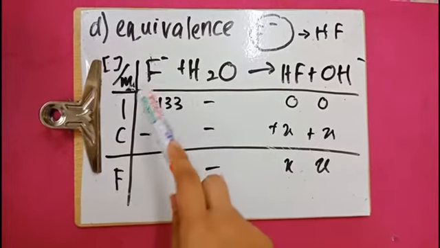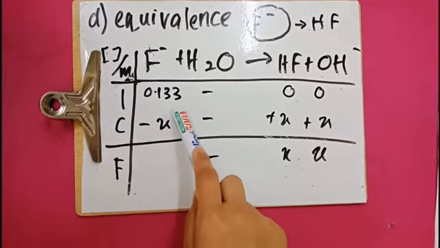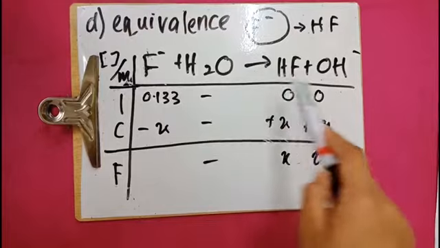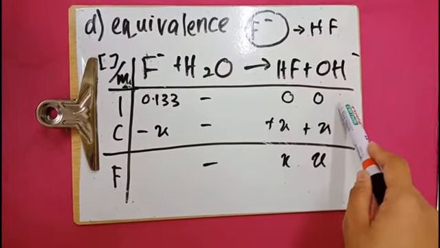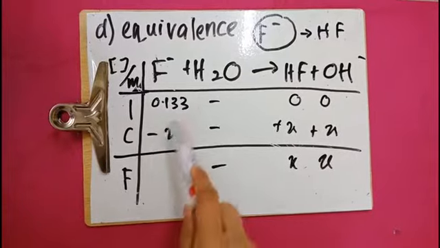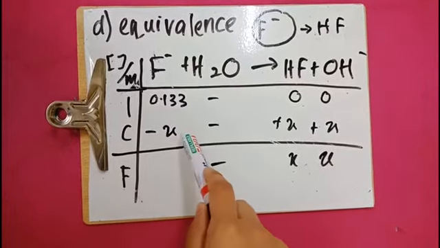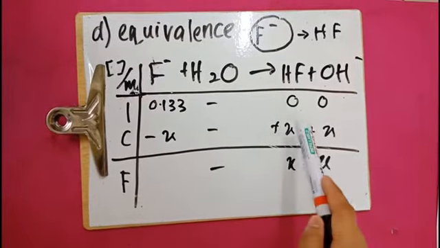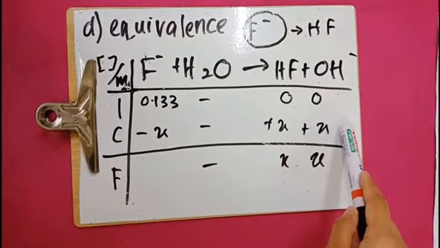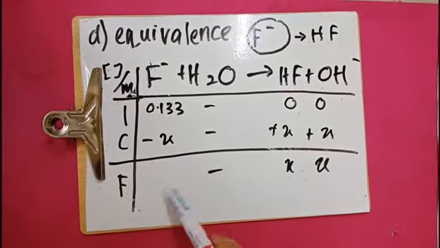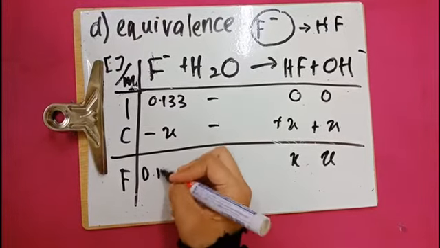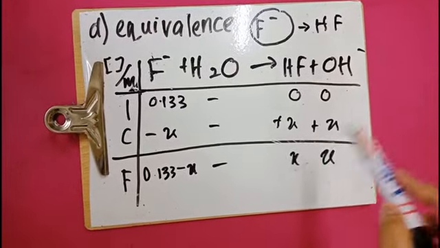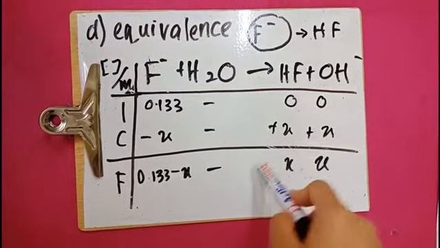We plug in 0.1333 molar of F- as the reactant concentration, and on the product side we put 0 and 0 first because no reaction has happened yet. For the change, we put negative x at the reactant because we do not know how much is used, and plus x at both HF and OH-. Then at the final we get 0.133 minus x as the F- concentration, and x at both HF and OH-.